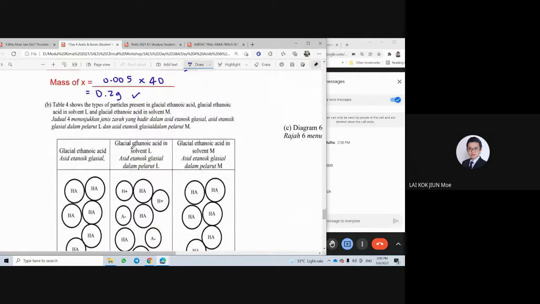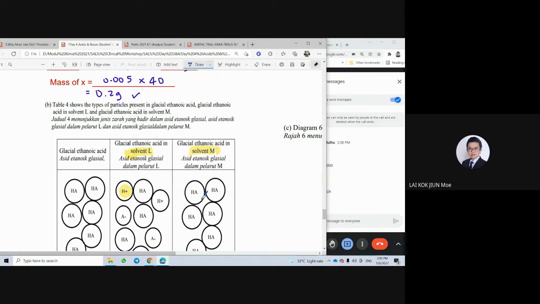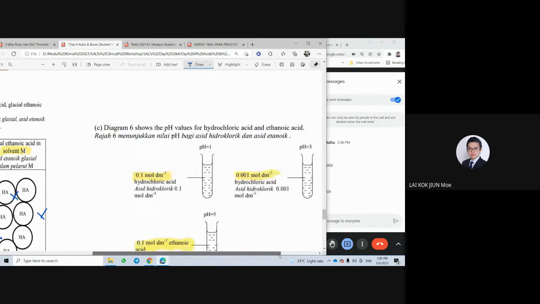Okay, Pavina, in this question you can see they got solvent L, they got solvent M. So solvent L can function well because it dissolves. Solvent M cannot function well, cannot dissolve. That means solvent M is not water, cannot form hydrogen ions.